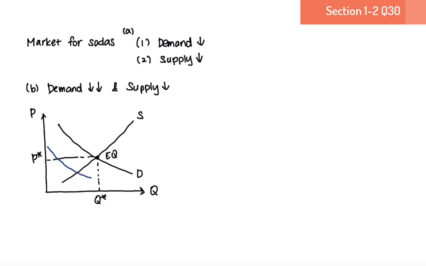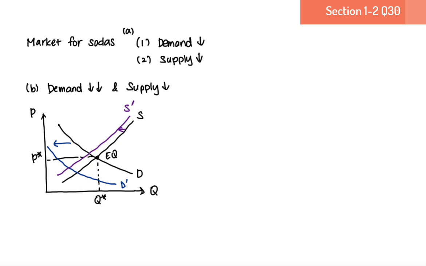Now, since there has been a fall in demand, we're going to see the demand curve shifting to the left, and the new demand curve is the blue line marked as D prime. We're also going to see a fall in supply, so our supply curve is also going to shift to the left to the purple line at S prime.